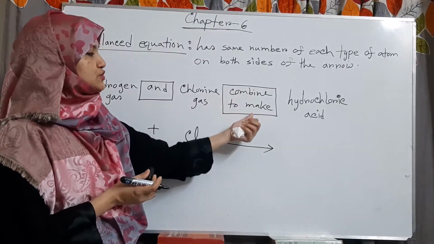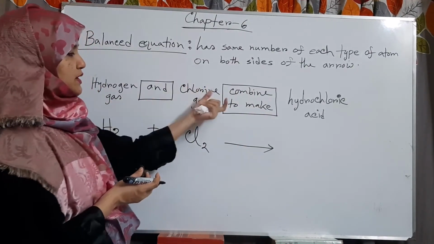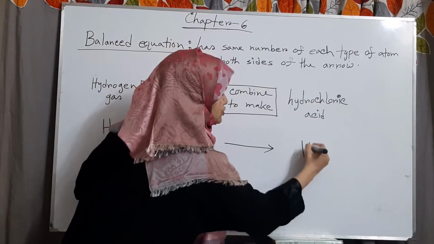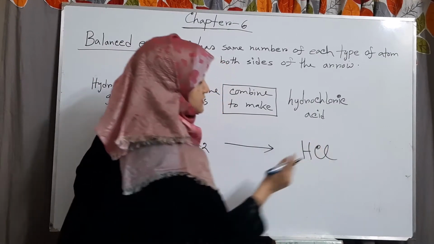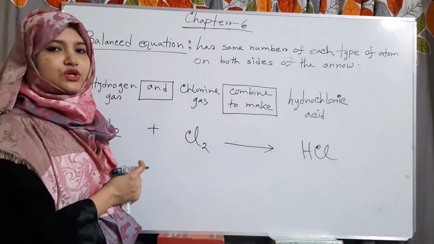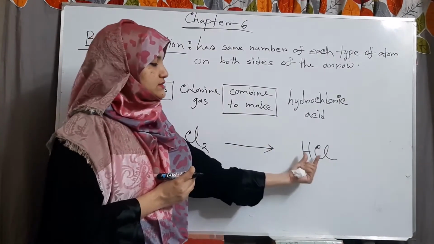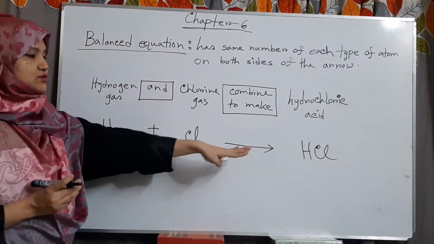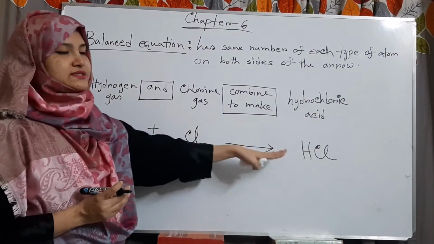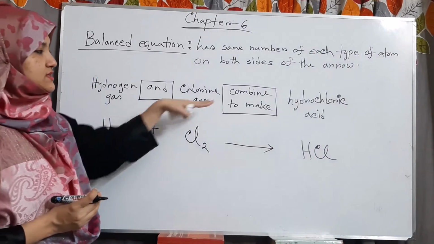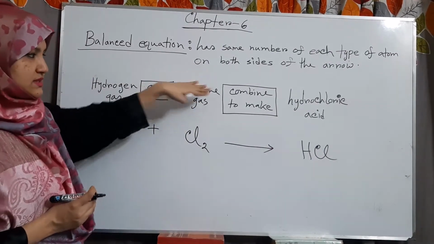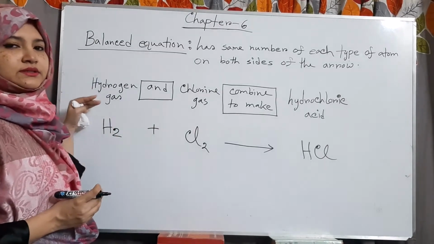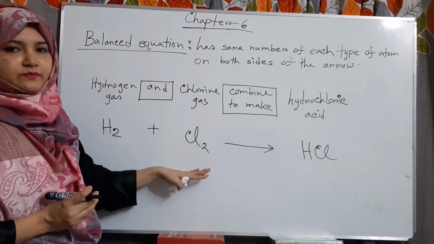These two combine to make a new compound, which is hydrochloric acid, HCl. This is the formula of hydrochloric acid, and this equation is known as the chemical equation. This is the word equation for this chemical change, and this is the chemical equation of this chemical reaction.